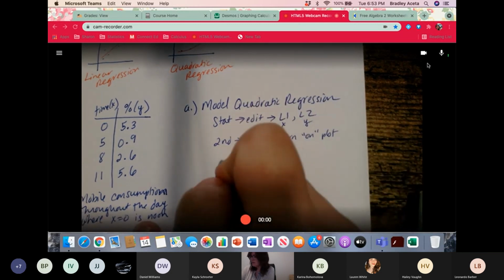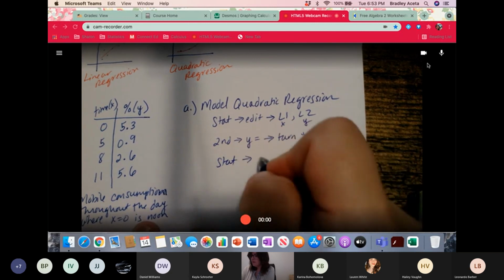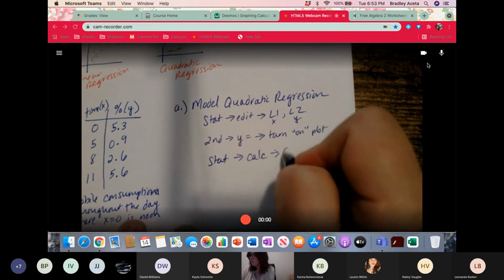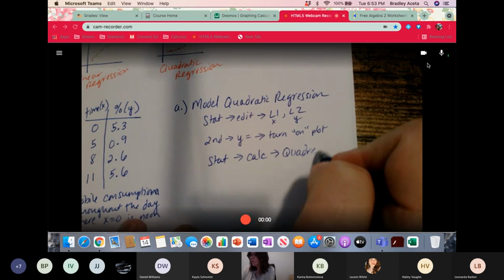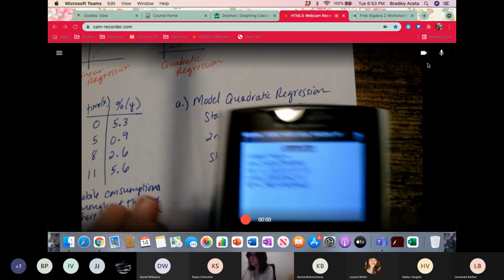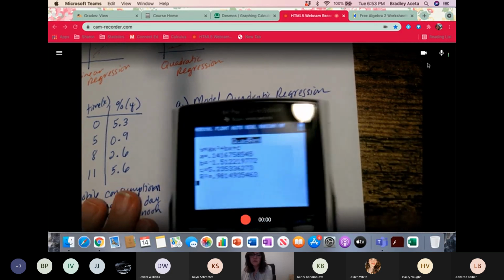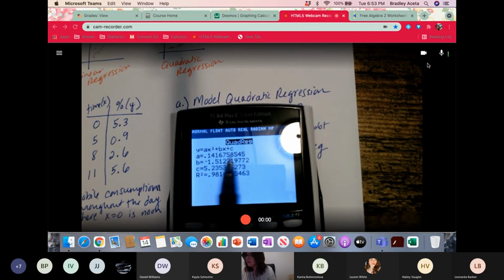Okay, so let me write that down. Hit stat, calc, quadratic regression. And look at what comes up for you. It actually even gives you the standard form of the quadratic. So you are going to put this A value in for A. You're going to put this B value in for B. And then you're going to put this C value in for C. And I can't remember if they make you do 2 decimals or not. I would say do 2 decimals.